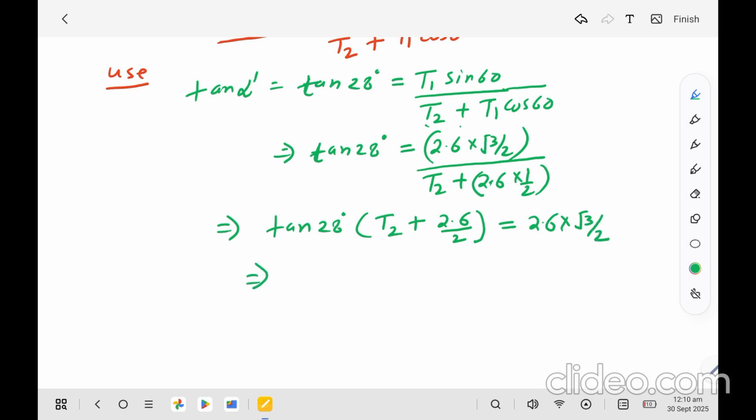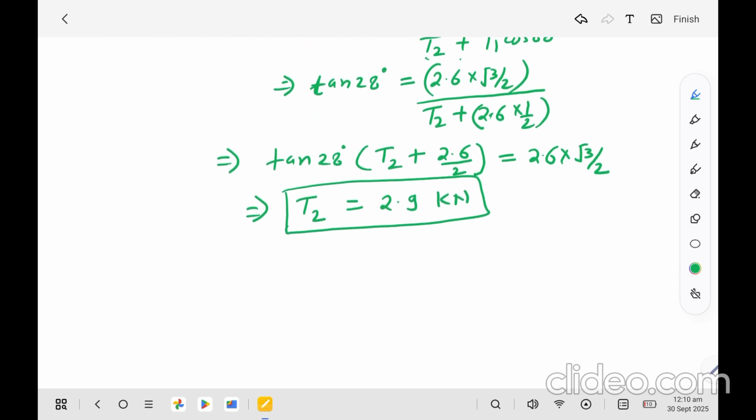So if I solve the equation, then I can estimate the value of the T2. Okay, so T2 will be around 2.9 kilonewton. This is the value of the T2.